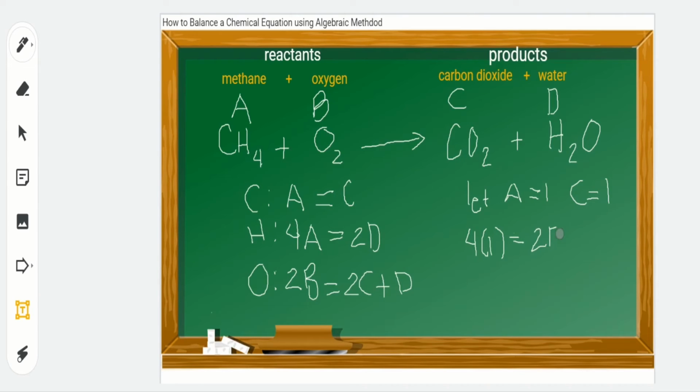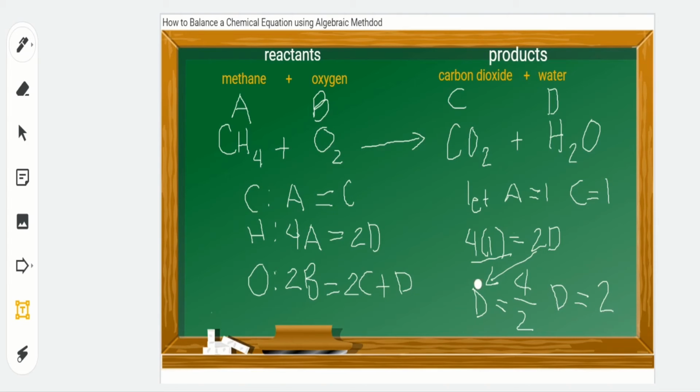So, we can cross over this here. Para ang magiging equation natin ay, simplify lang natin, D is equal to 4 times 1, which is simply 4, divided by 2. So, 4 divided by 2, so D is equal to 2.